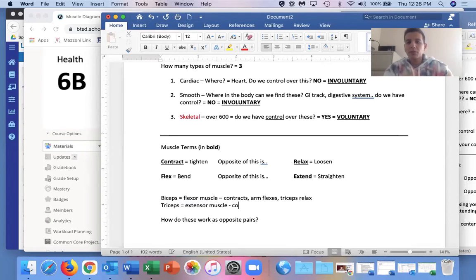When the triceps contracts, the arm does what? Tighten. Tighten means contracts. When your triceps contracts, the arm does what? It extends. Who said that?